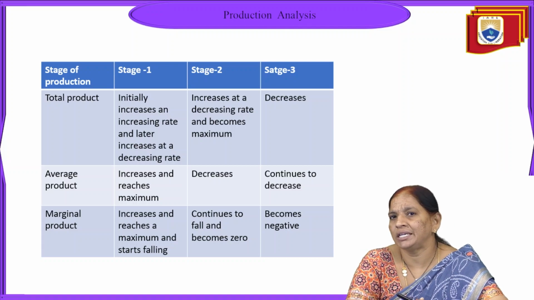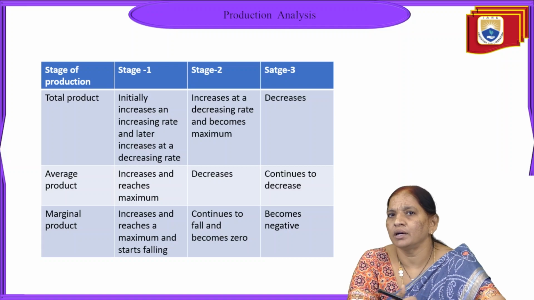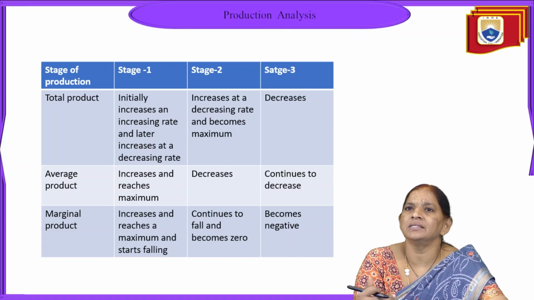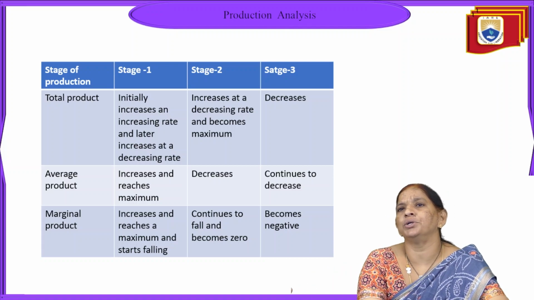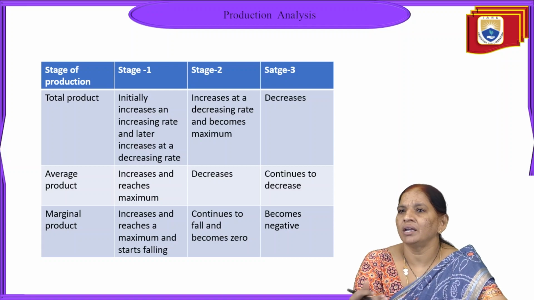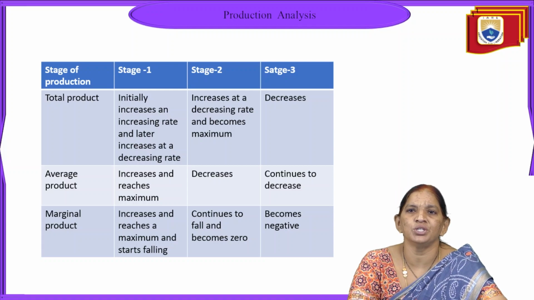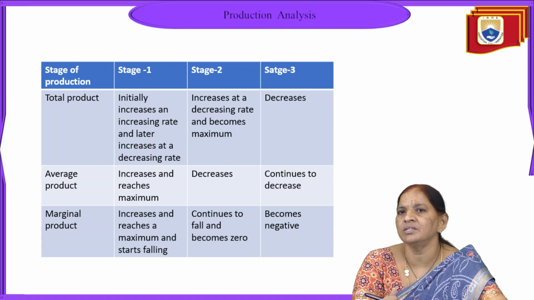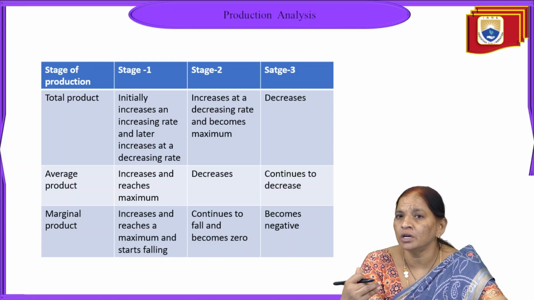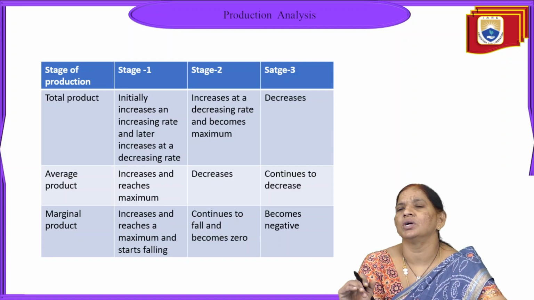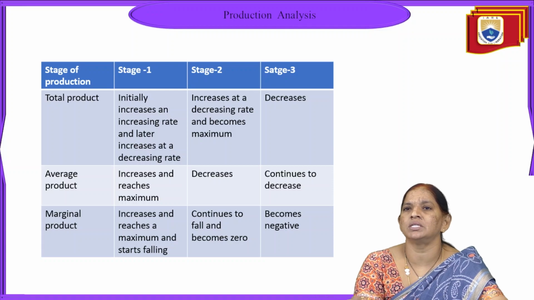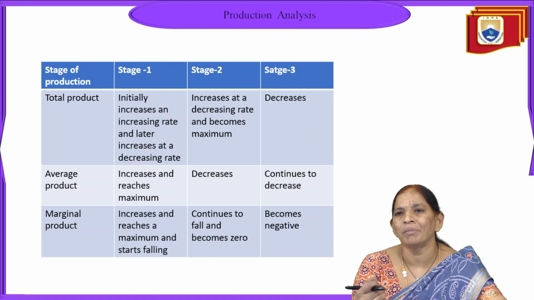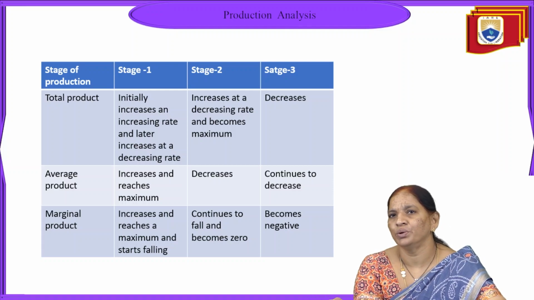Average production also increases in the first stage, decreases in the second, and the decline continues in the third. Marginal or additional product first has a good increase, then falls to zero at the second stage, and in the third stage it goes below zero to the minus, that is negative returns.